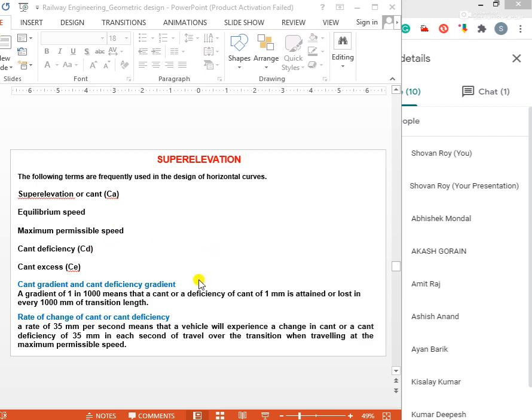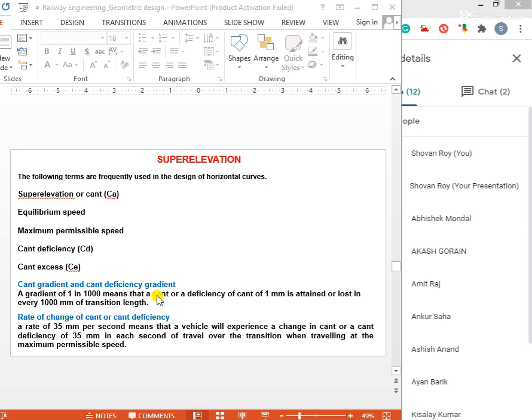Suppose some super elevation value has been provided on the curve, and on the basis of that super elevation our train can go at, suppose, 60 kilometer per hour. But actually on that track our train is running at 80 kilometer per hour.